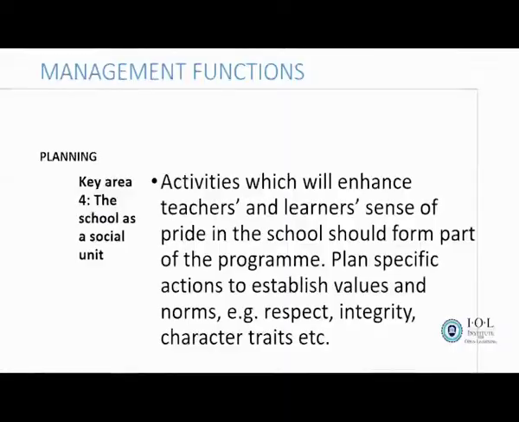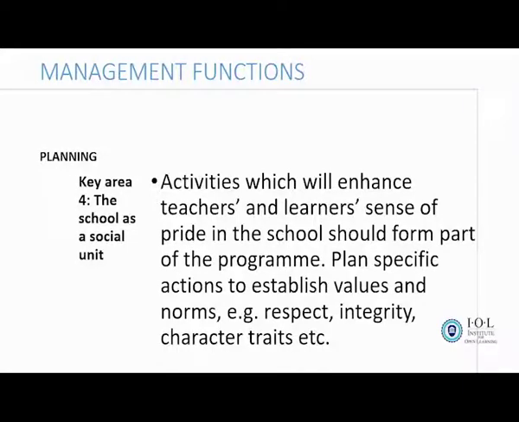Good. Another key area that we can look at is the school as a social unit. In other words, the school does not operate in isolation. It operates and it is linked to society. So activities which enhance teachers' and learners' sense of pride in the school should form part of the program. That needs planning.